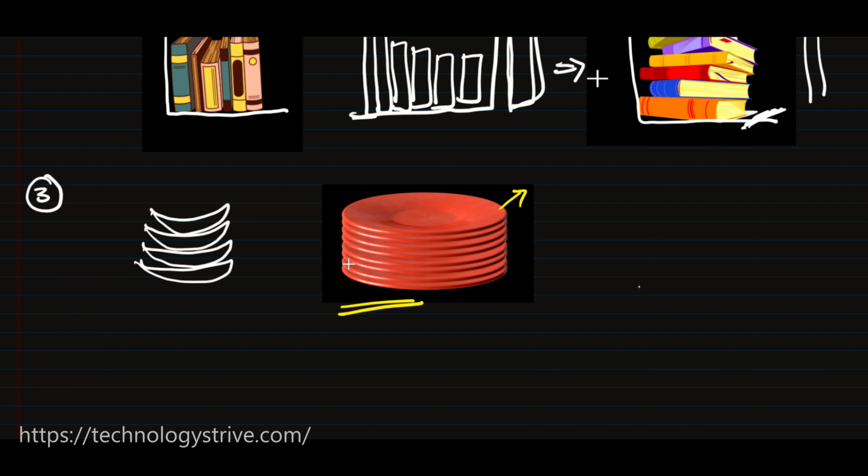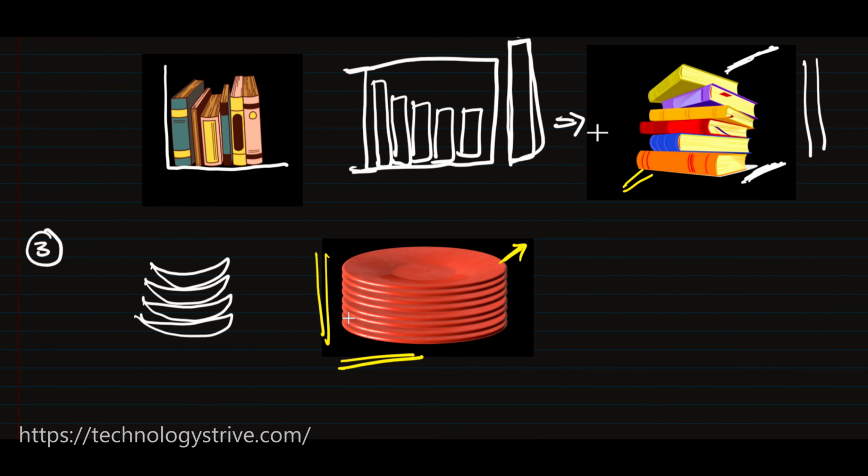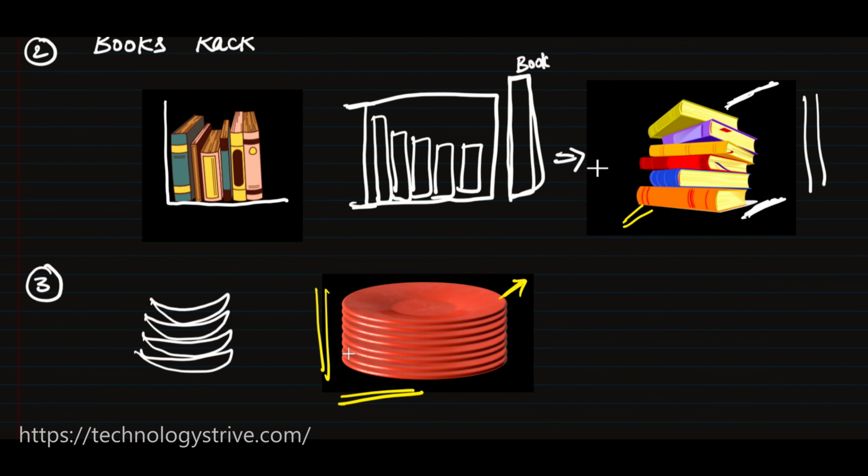So it is easy to pick that plate which is on the top. So this is exactly a stack of plates, and this is a stack of books, and this is a stack of cards. In all these places we are going to access the top element which was added. So these are a couple of examples which we see in day-to-day life.